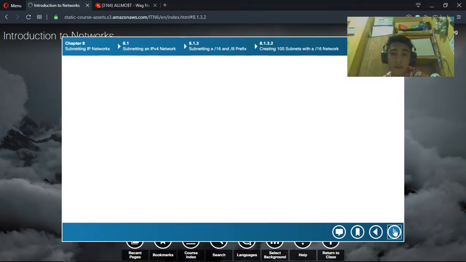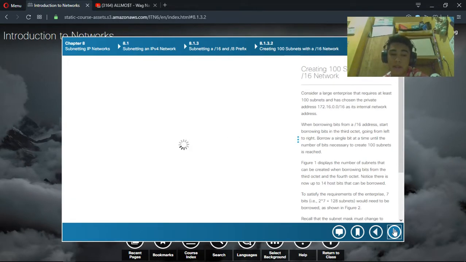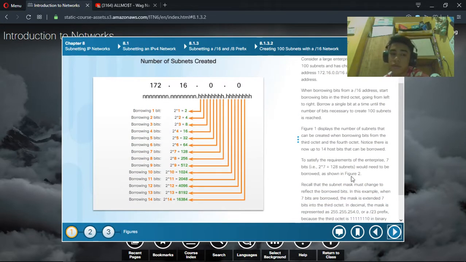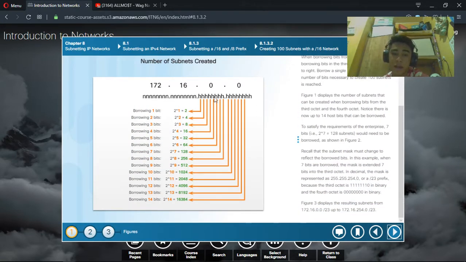So let's continue. Creating 100 subnet masks, we start borrowing from here until here, because we can borrow up to the 31st bit of our host address.